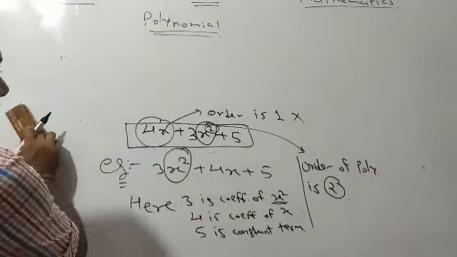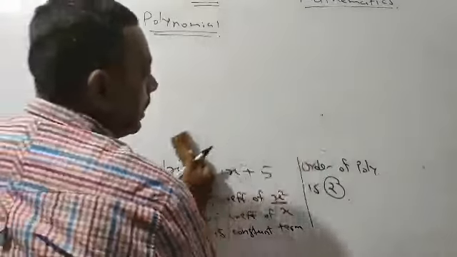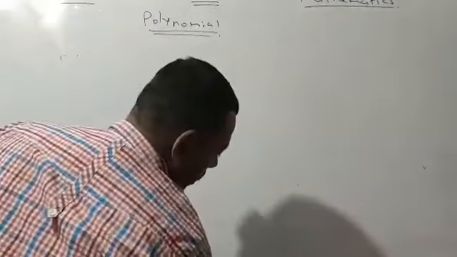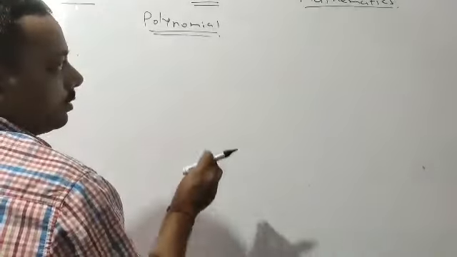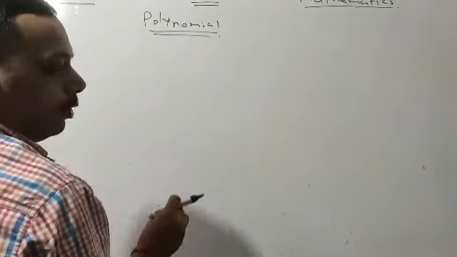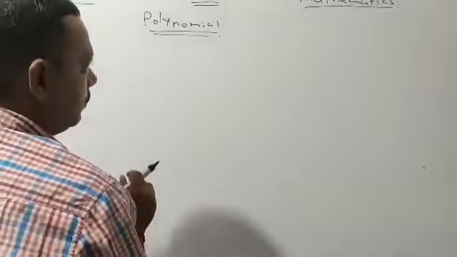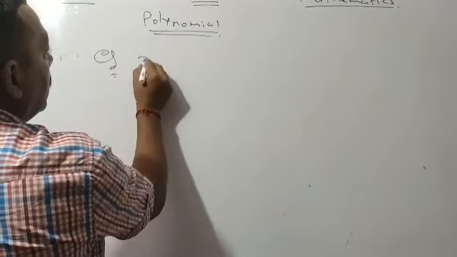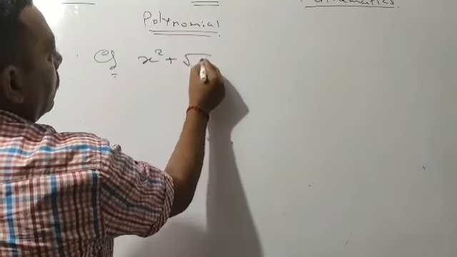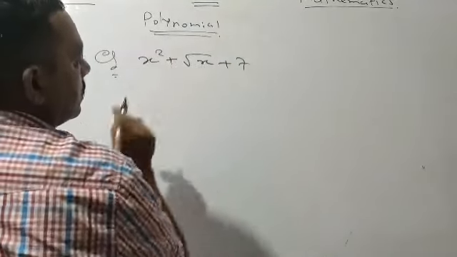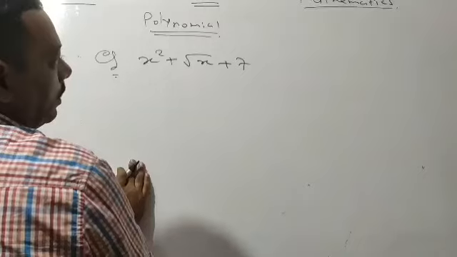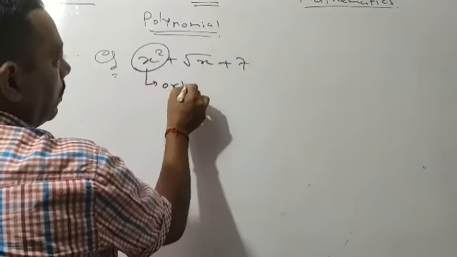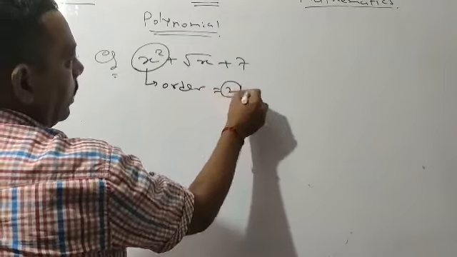Now sometimes some expressions are there which are not polynomials. Why? Because we know that I wrote here that the powers in a polynomial are always whole numbers. So if I write one example, say x square plus root x plus 7, then if you observe this, you can say that the order is 2. That is okay.